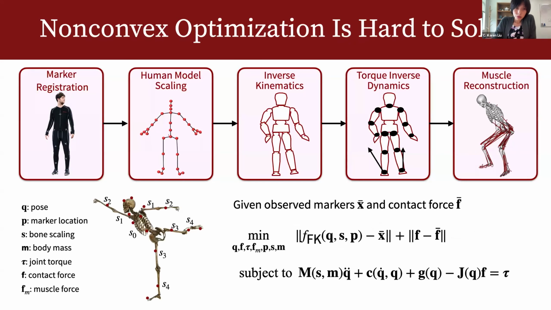So the right thing to do is to consider all the variables at once, right? We could formulate a joint optimization that simultaneously solves for poses, marker offsets, bone dimensions, body mass, joint torques, contact forces, and muscle forces.